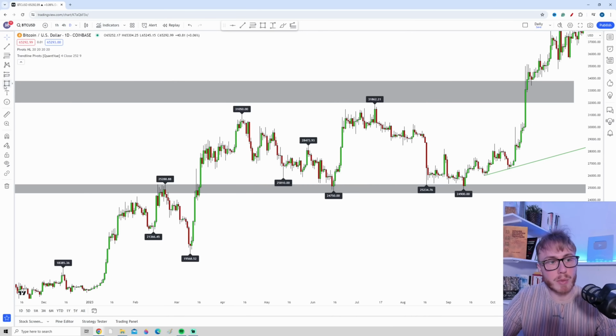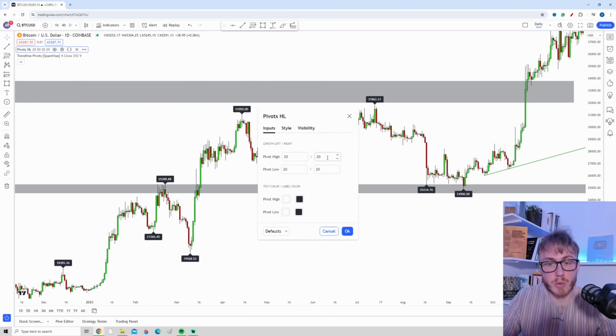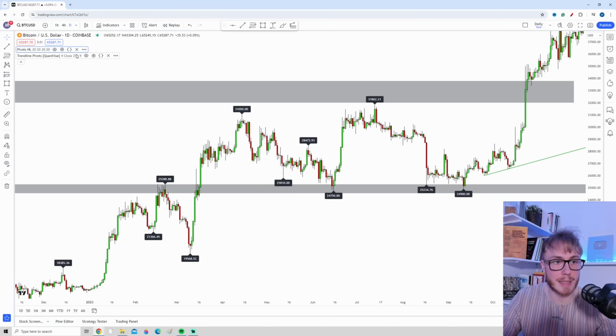And in the beginning, when you first open up this indicator, you might notice that not a lot is happening. And that is because we need to change a few settings in order to make this indicator work together with our current pivot points. And remember that our pivot points is 20 to the left and 20 to the right. We changed the settings in the previous chapter.